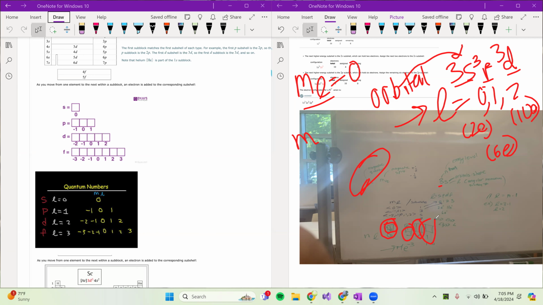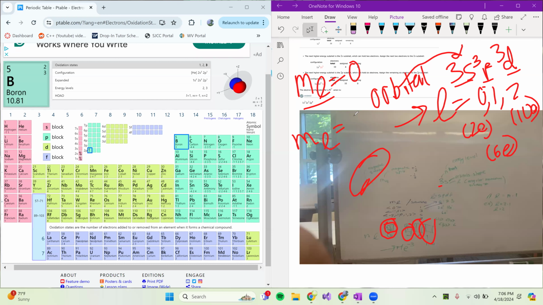So for the magnetic quantum number, let's say an element ends up with 5 electrons total. It'll fill up first the 1s, then the 2s, then the 2p, and it'll land on that first suborbital.